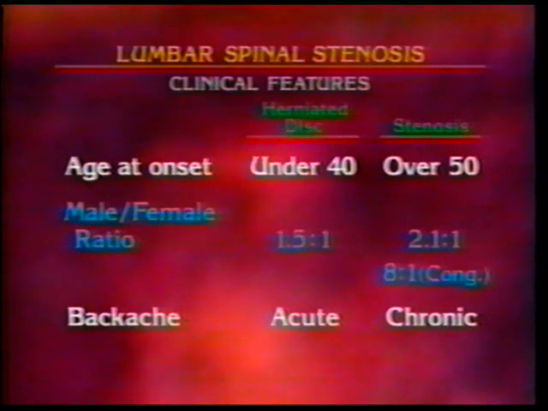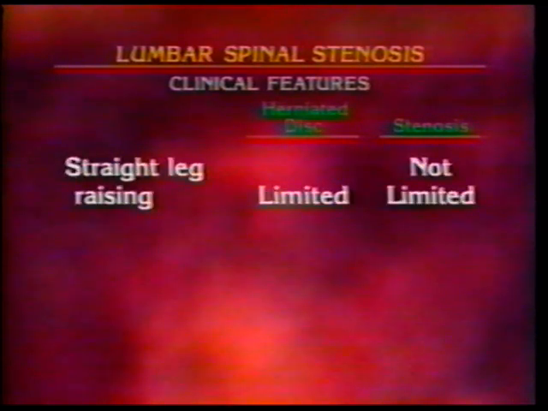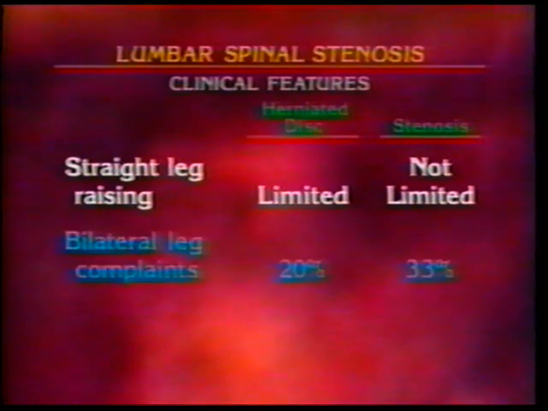Backache as a presenting complaint is acute in patients with herniated discs and chronic long-standing in patients that have spinal stenosis. On examining the patient, straight leg raising is usually limited in patients with herniated discs and unlimited in patients with stenosis. Only 20% of patients with herniated lumbar discs will present with bilateral leg complaints, whereas a full 1/3 of those patients with lumbar stenosis will have bilateral leg complaints.